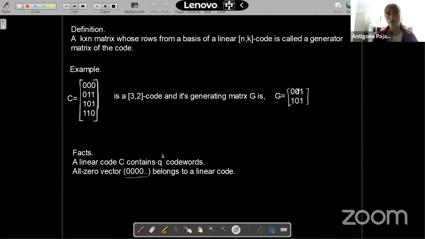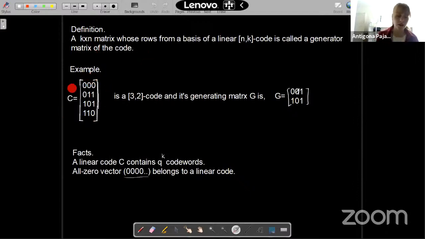That was called a basis, but here I can just call it a generator matrix because it's generating the code. So I gave the definition here: a K by N matrix whose rows form a basis of a linear [N,K] code is called a generator matrix of the code. Now, what do I mean by this?